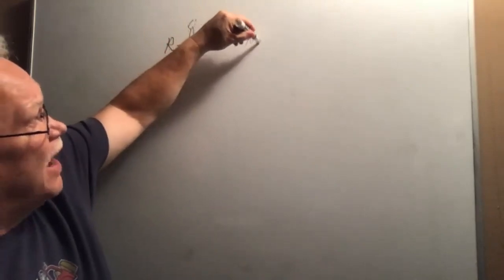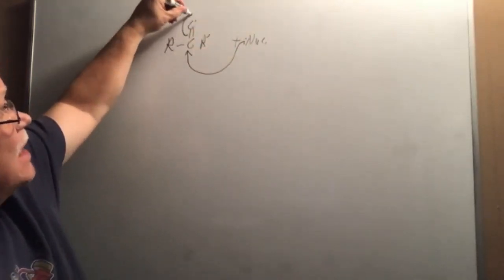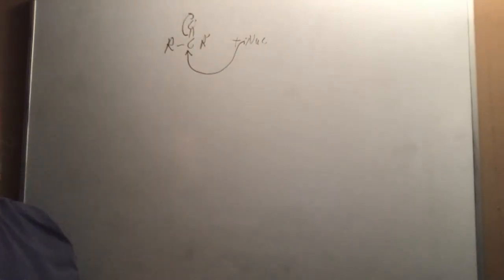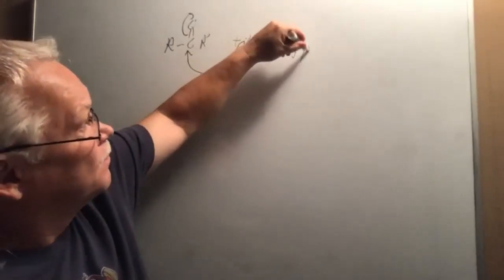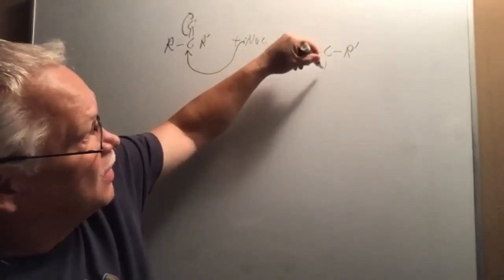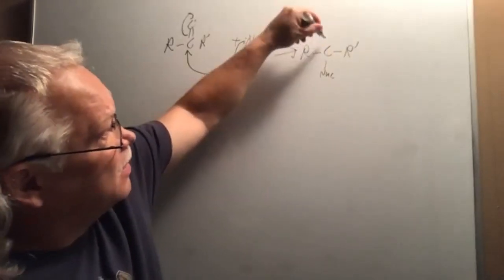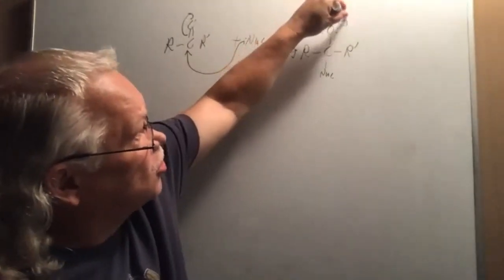So if we had a ketone or an aldehyde, I'm illustrating this with a ketone, and we attack it with a nucleophile. The nucleophile is going to do a backside attack and kick that pair of electrons up. That's what always happens. The nucleophile attaches to the carbon, making the oxygen negatively charged.